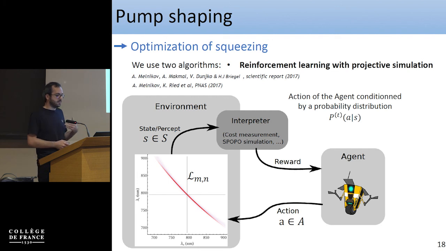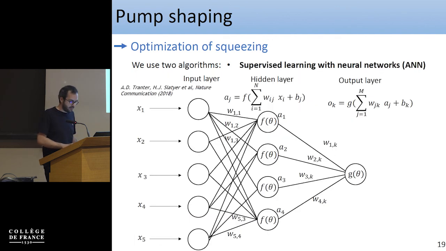The actions of the agent are randomly chosen, but there is still a probability distribution which depends on the state. The other algorithm is just a neural network algorithm.